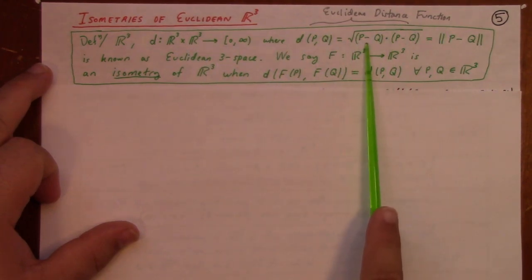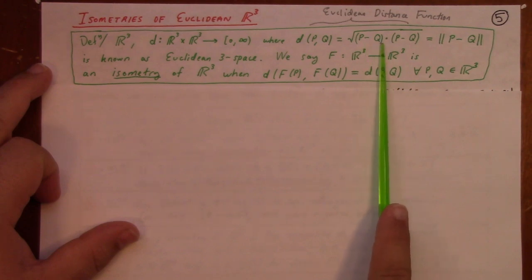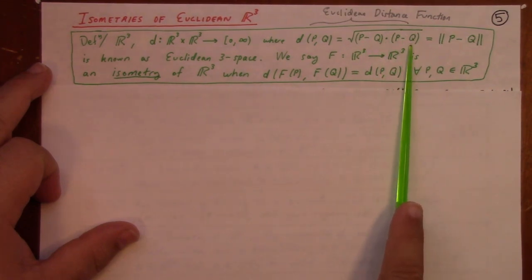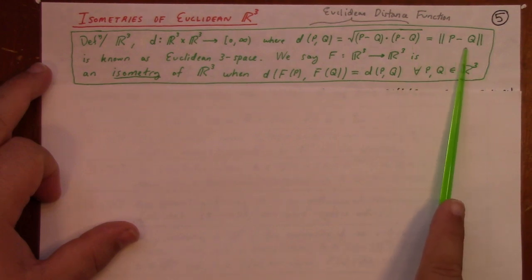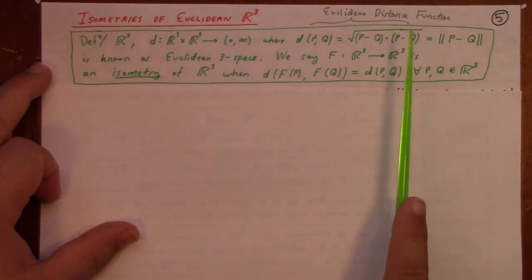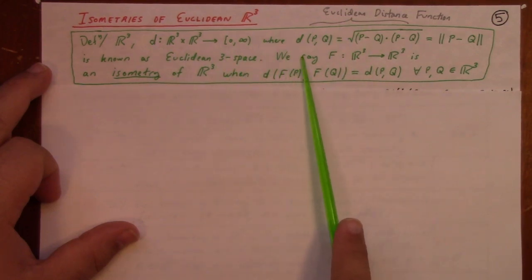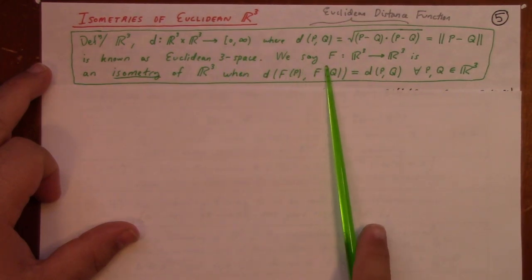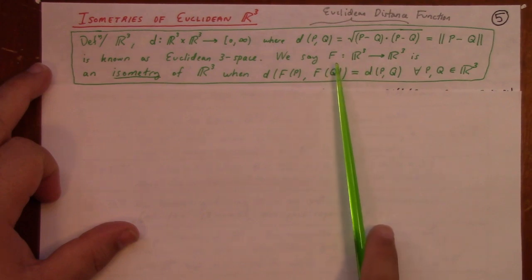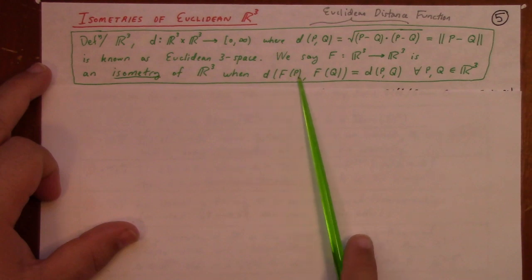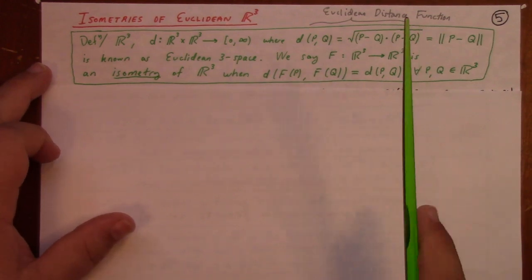It's the square root of the dot product of the displacement between the two points with itself, or you could say it's the length of the vector which connects the two points. This is the Euclidean distance function, Euclidean 3-space. Then you can define an isometry of Euclidean space to be a mapping which preserves the distance.